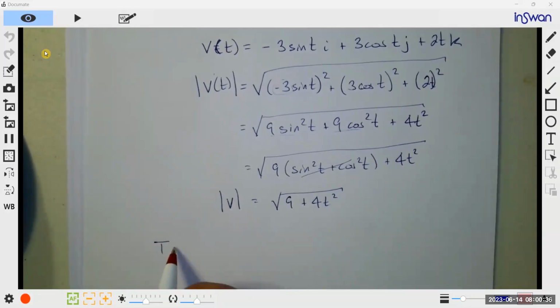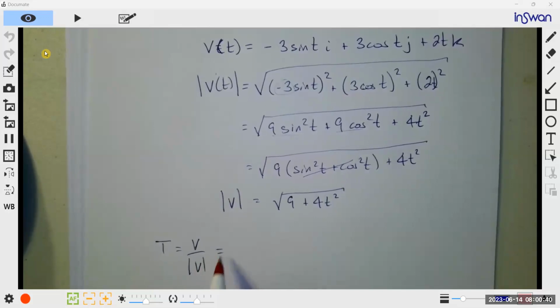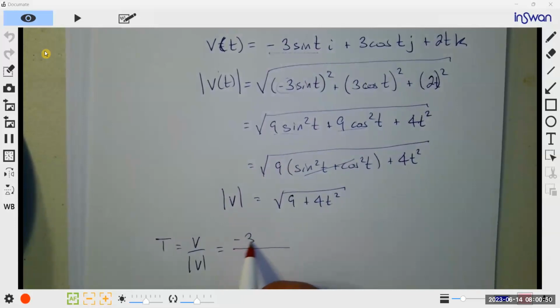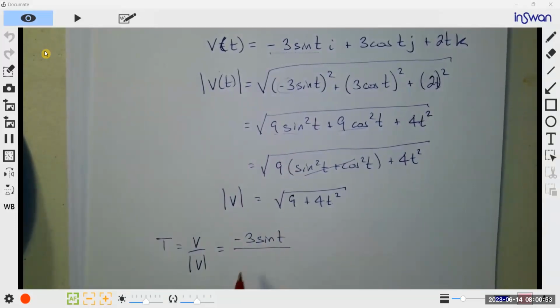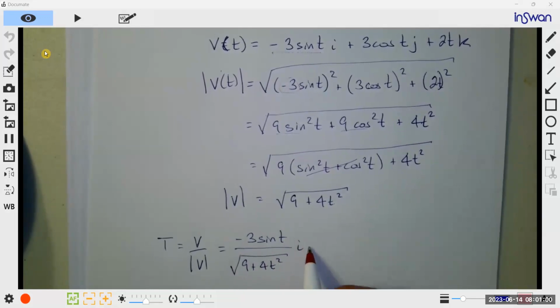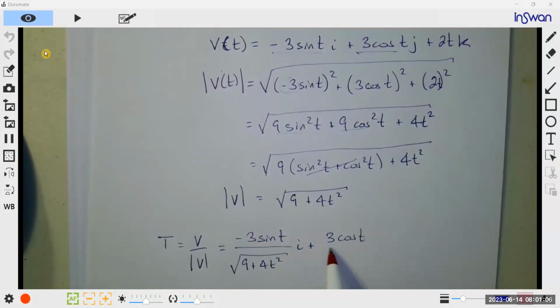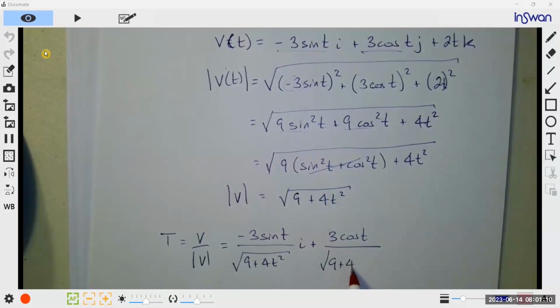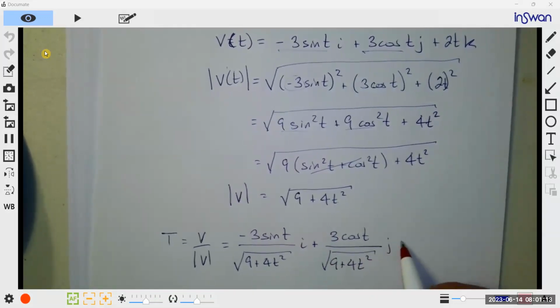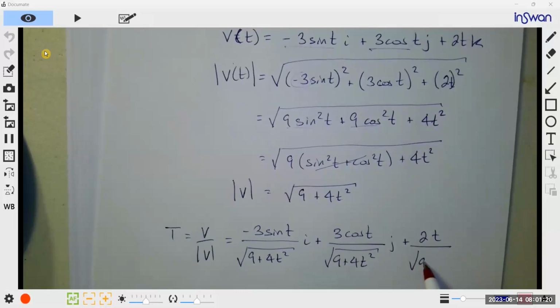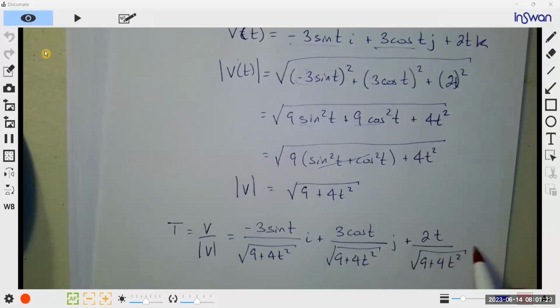So our unit vector is negative 3 sine t over that radical i, 3 cosine t over the radical j, 2t over the radical of nine plus 4t squared k.